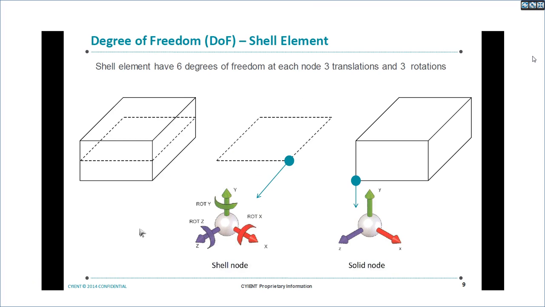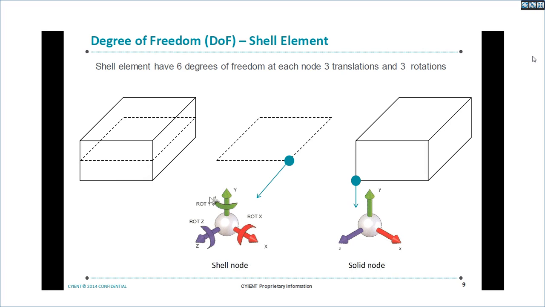Same thing that I explained here is graphically represented here. Shell element has 6 degrees of freedom, 3 translations and 3 rotations. If I take a node, this is the translation along y direction, translation along z direction. And we also have rotation along x direction, rotation along y direction, and rotation along z direction.